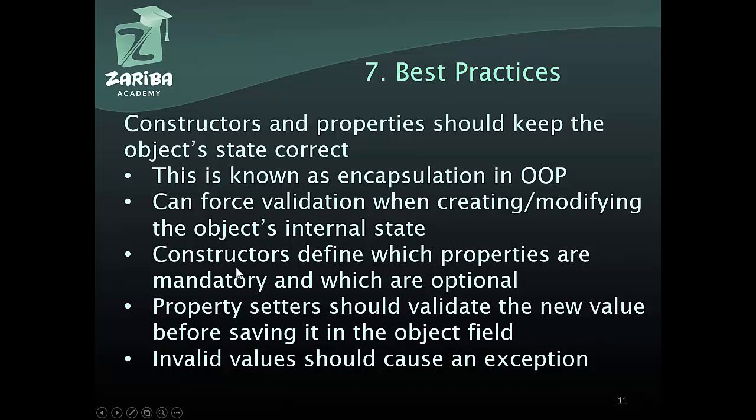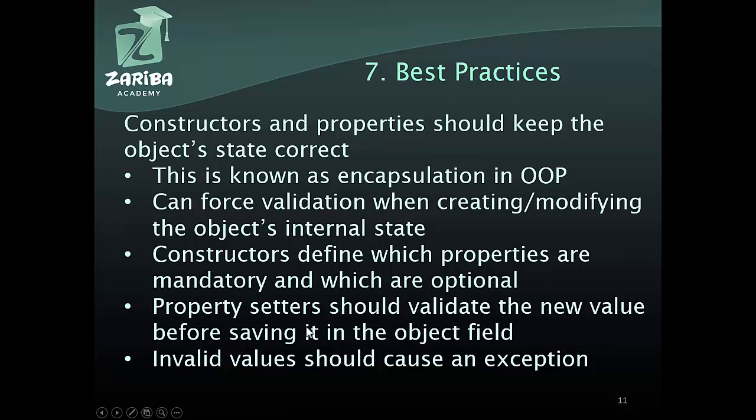Constructors define which properties are mandatory and which are optional. We haven't really talked about optional parameters, but I guess I'll leave that for next lecture, because this was a bit too much. Maybe next lecture I'll mention how you can have optional properties.